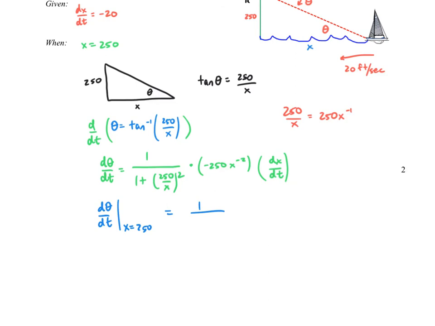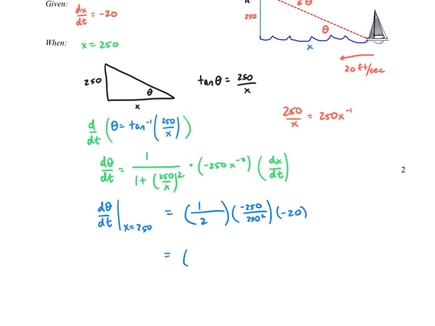So for our first fraction, you end up getting 1/2. So that's our first part. Then we have negative 250 divided by 250 squared. Well, that's going to simplify to just negative 1 over 250. And then our rate of change is negative 20.